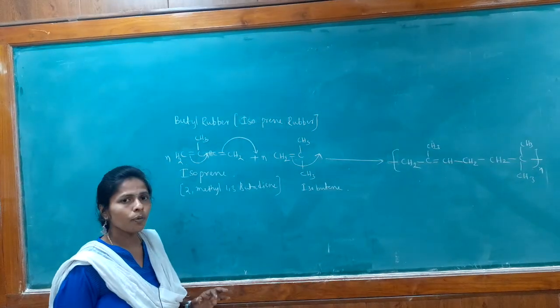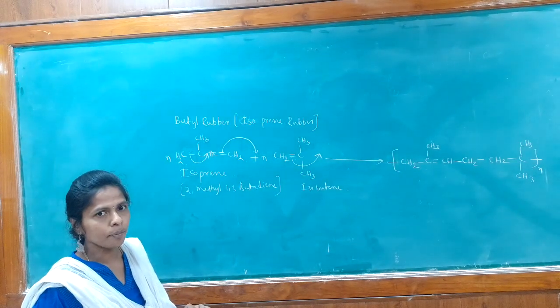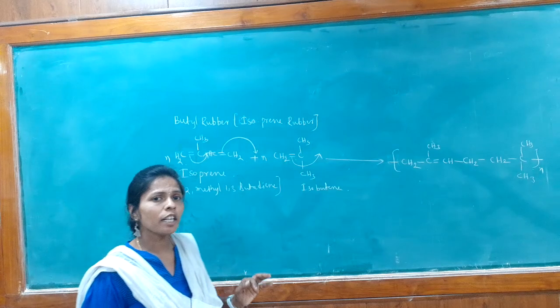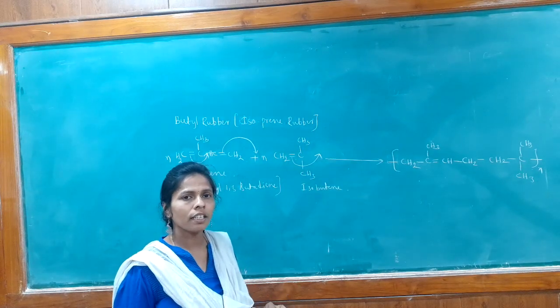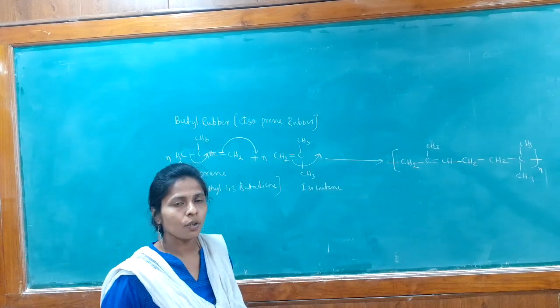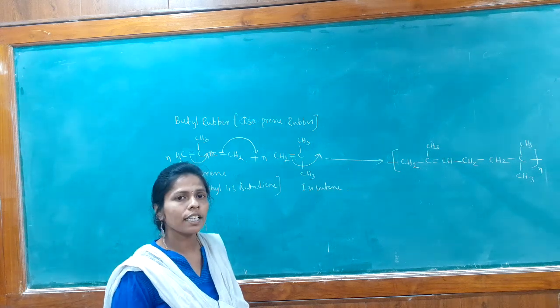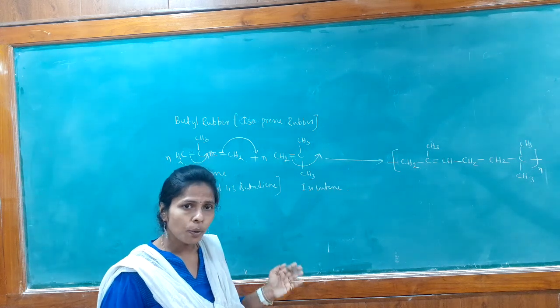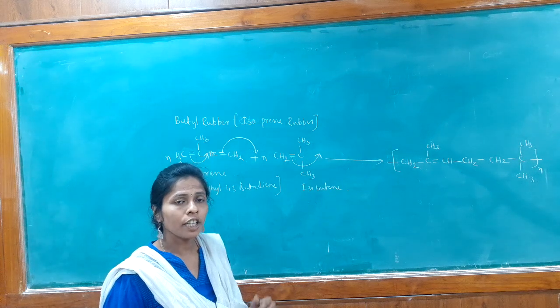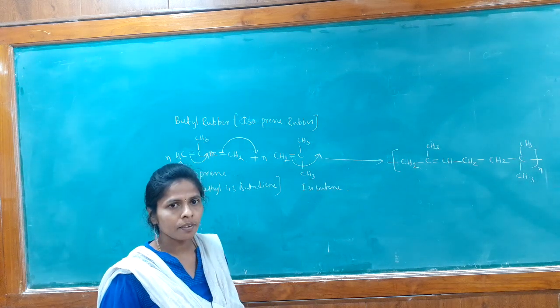Now let us see the applications of butyl rubber. Butyl rubber is used in cycle tires, the inner tubes of the cycle tires, and also in toys and the footwear industries.